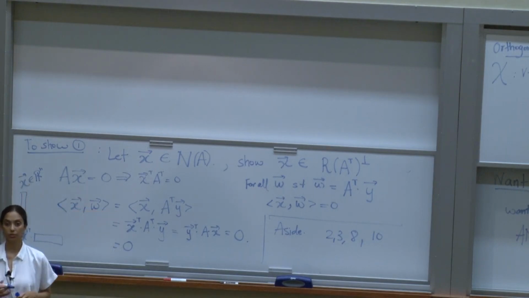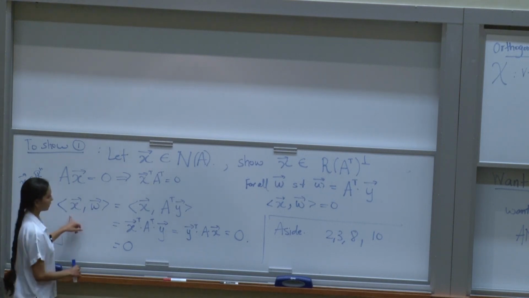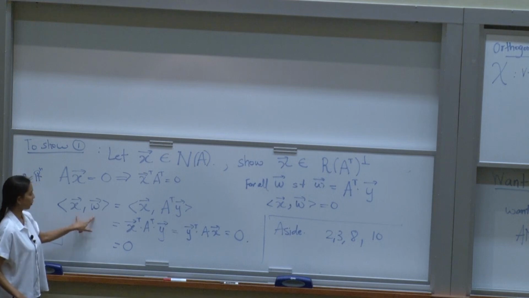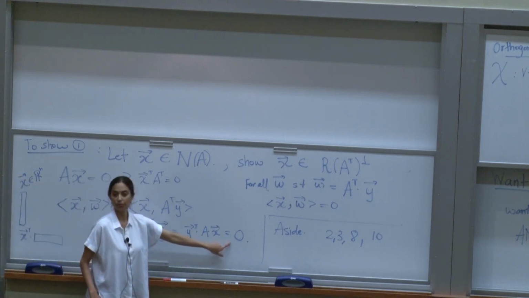Yes, question? So I'm following how you got from the dot product of X and W all the way to Y transpose times A times X equals 0. How exactly does showing that equality prove that it exists in the null space? So what I've shown is that if W can be written as A transpose Y, then X inner product with W must be 0, right?